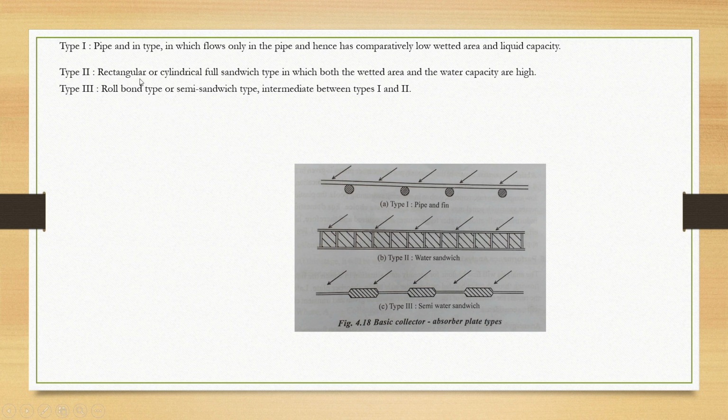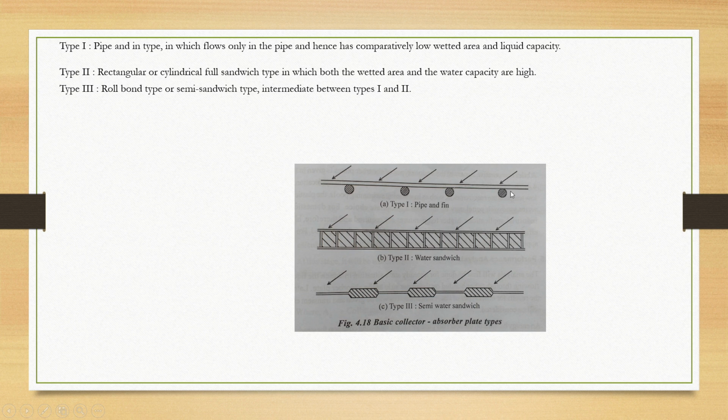And next is the rectangular or cylindrical full sandwich type, where both the wetted area and water capacity are high. And moving on to the third type, that is roll bonded type or semi sandwich type, which is the intermediate type between type 1 and type 2.